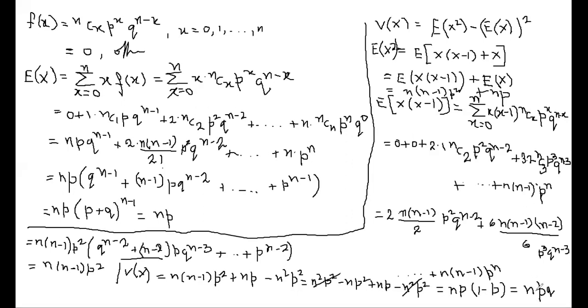In this way, the variance of the random variable following the binomial distribution is npq. And if you know the variance, what about standard deviation? Standard deviation is the square root of variance, that is square root of npq.